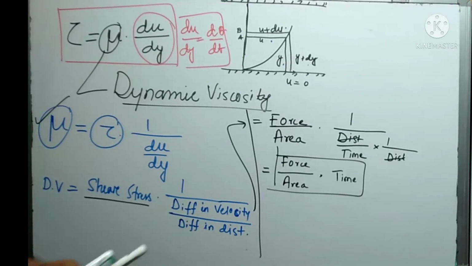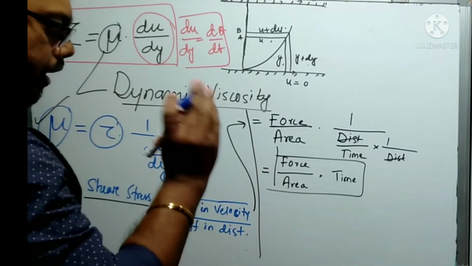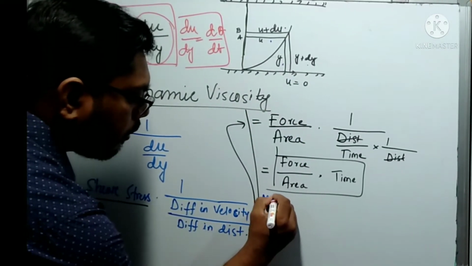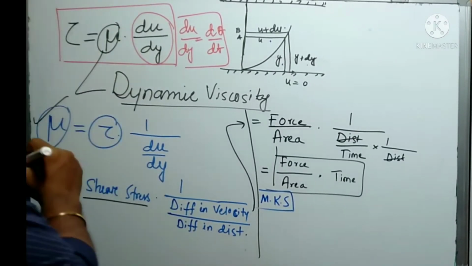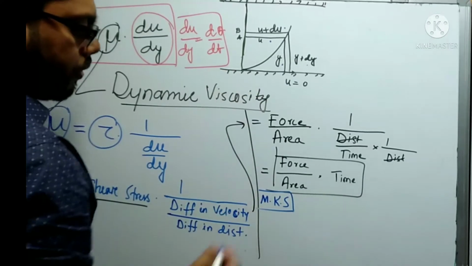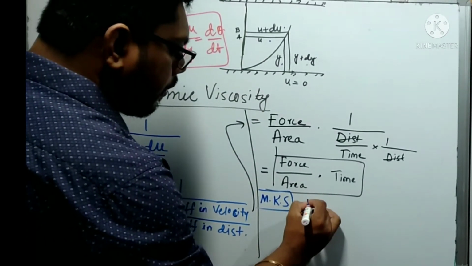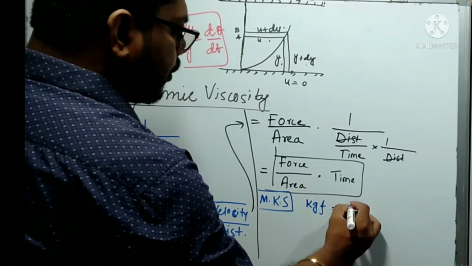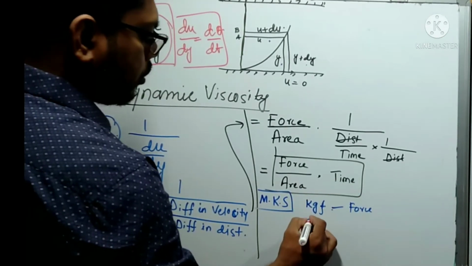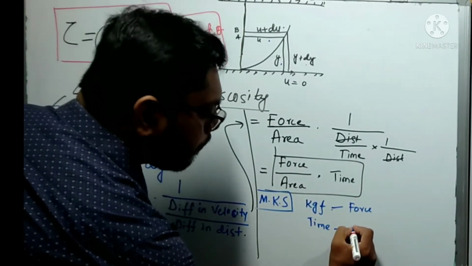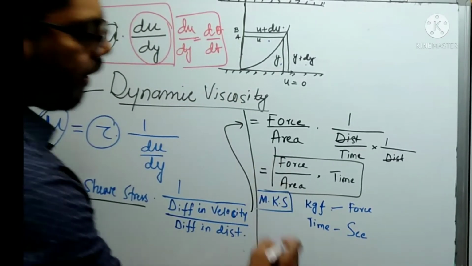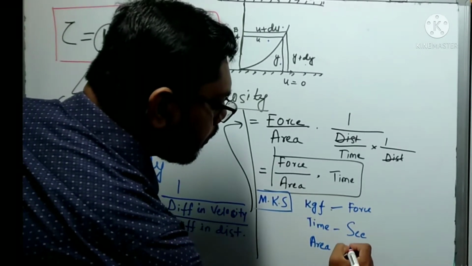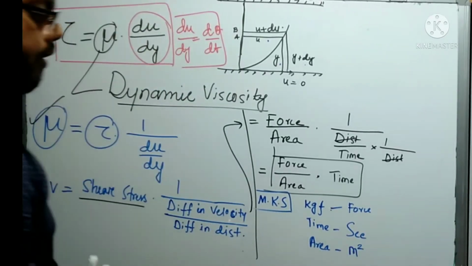Now, there are MKS, SI and CGS units. If we talk about the MKS unit, force is represented by kgf, time is represented by second, and area is represented by meter square.